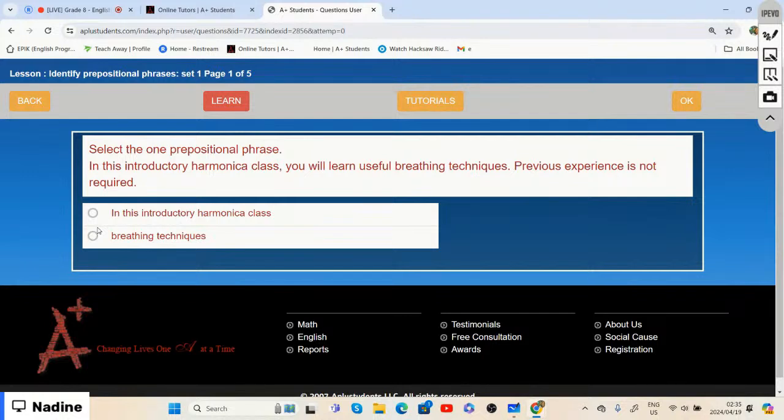So in this introductory harmonica class, you will learn useful breathing techniques. So we need to select the prepositional phrase. Is it in this harmonica class or breathing techniques?